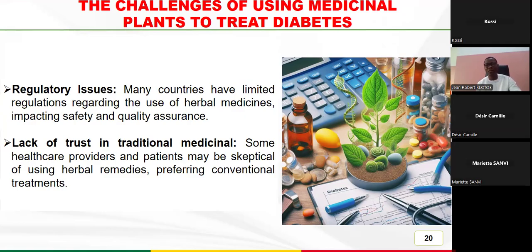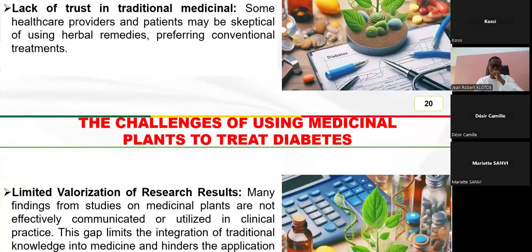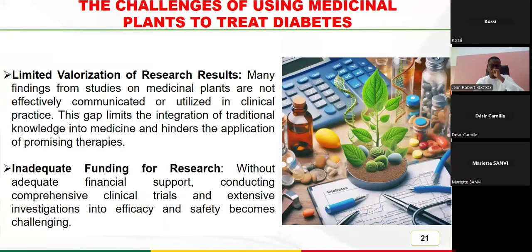On the other hand, we also have the lack of trust in traditional medicine. Some healthcare providers and patients are skeptical of the use of traditional remedies, preferring conventional treatments. We have limited valorization of the research results on plants.